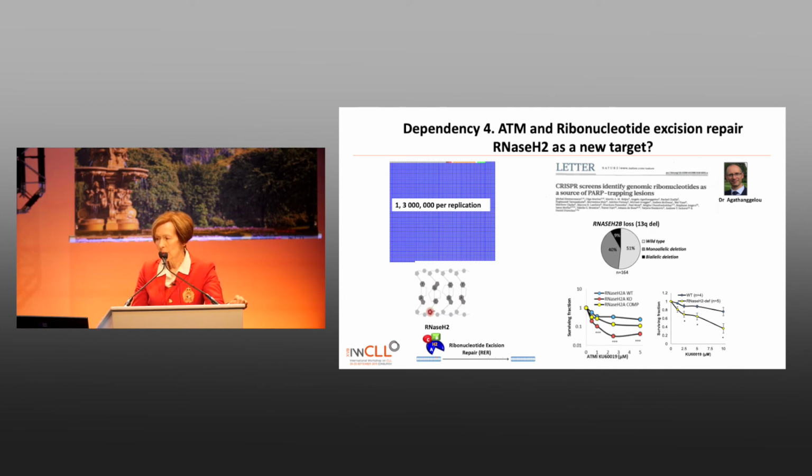And we were recently able to show that one of these subunits, RNase H2B, localized on 13q deletion, is lost in a quite high proportion of CLL patients and leads to the functional loss of the RNase H2 complex.